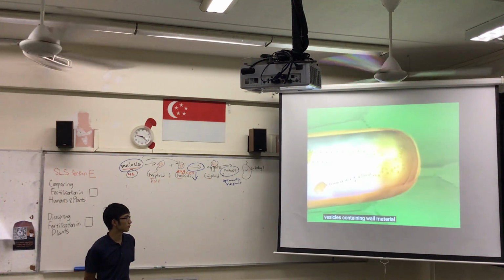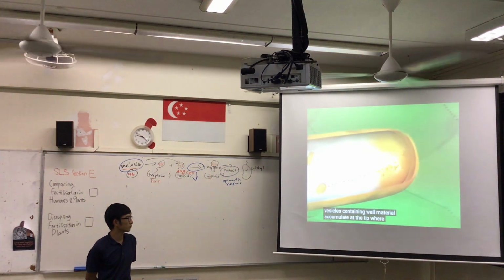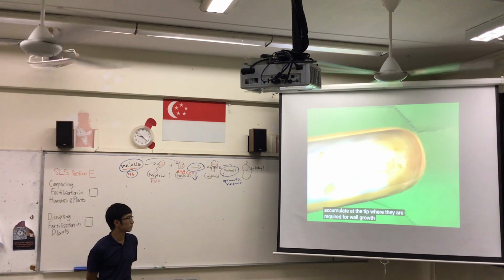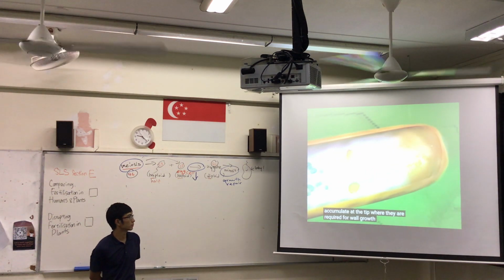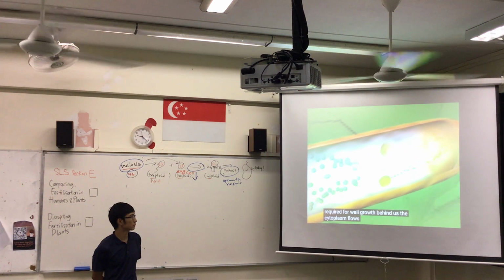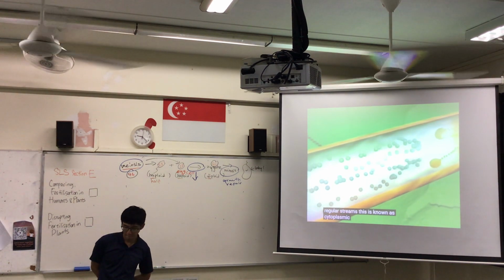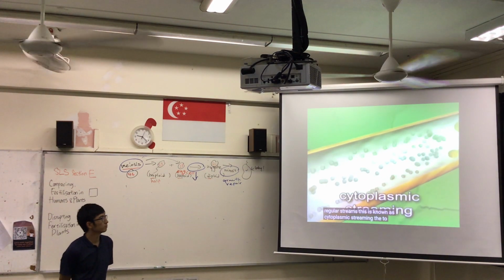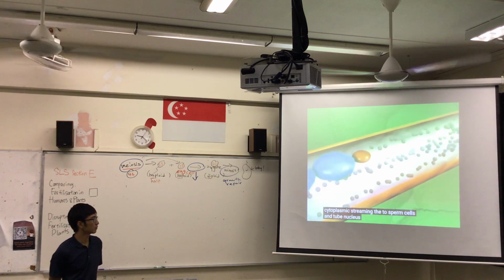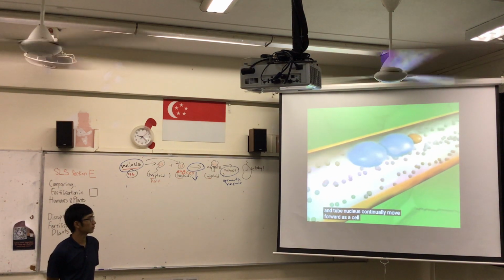Vesicles containing wall material accumulate in the tube, where they are required for wall growth. Behind it, the cytoplasm flows around the cells in regular streams. This is known as cytoplasmic streaming. Two sperm cells and two nuclei can typically move forward for several rows.